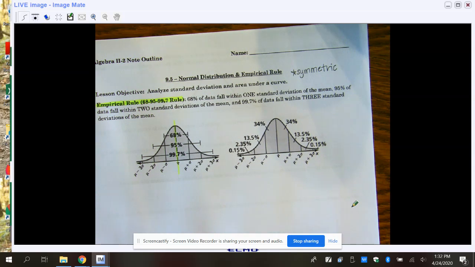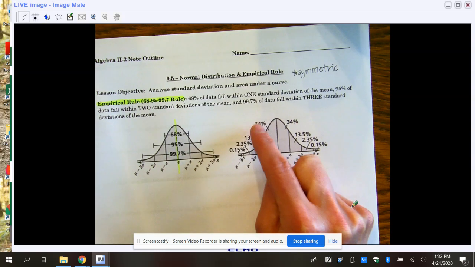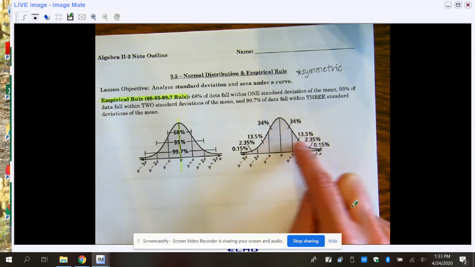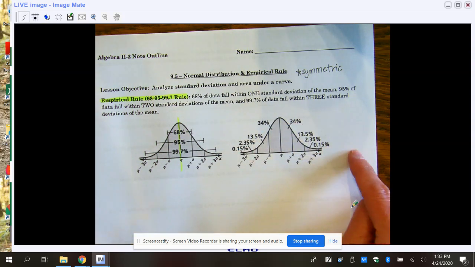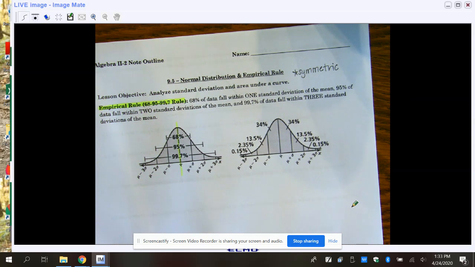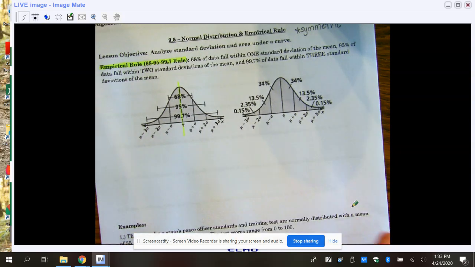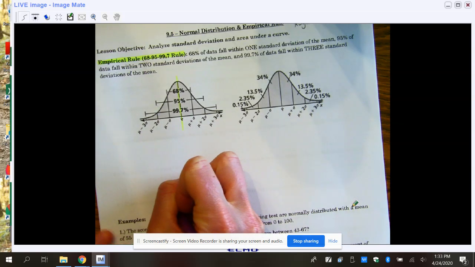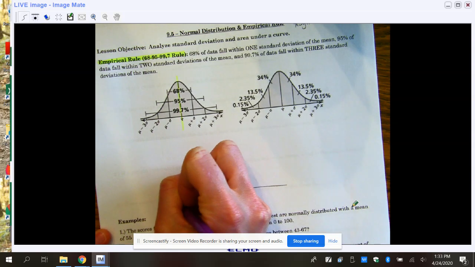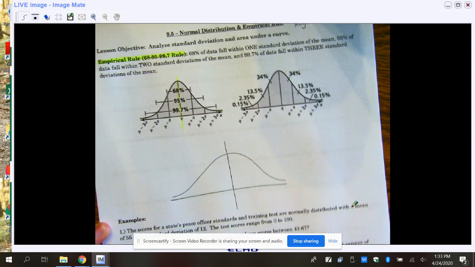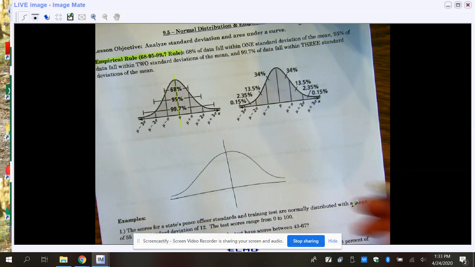We also need to understand how to break that apart into smaller percentages when looking at different sections of our bell curve. So I'm going to work this out again down here so I can explain as I go. There's my bell curve. Your mean always splits your data in half.